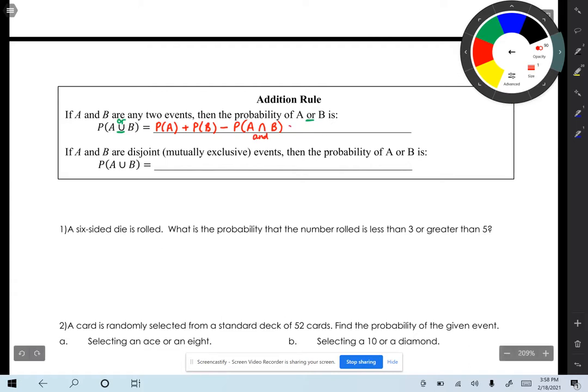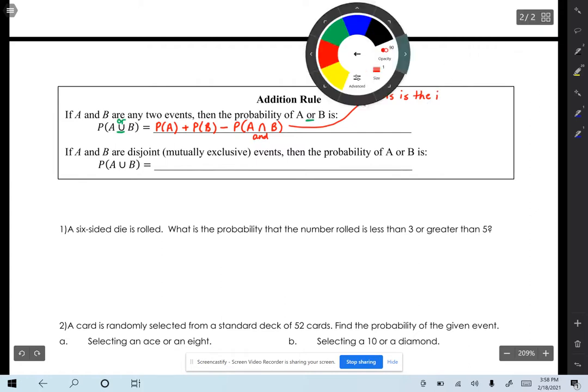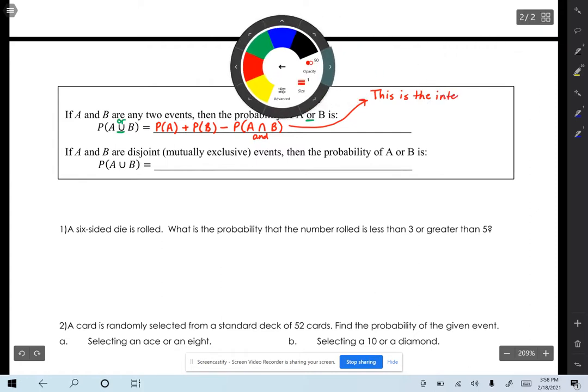And so remember, this is the intersection, that's where the outcomes in common.